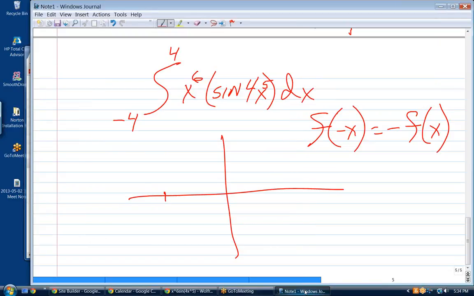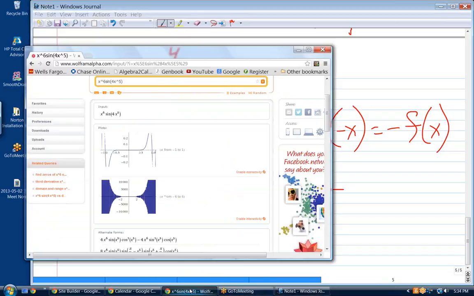Okay, I see. So if you stick this in a calculator, you're going to get 0. Right. And if you want the net area, then go from 0 to 4 and multiply it by 2. And that would give you the absolute area of the shaded section from minus 4 to 4.